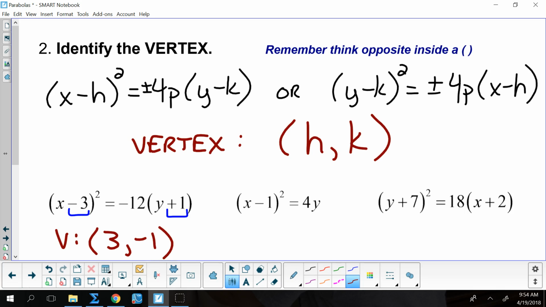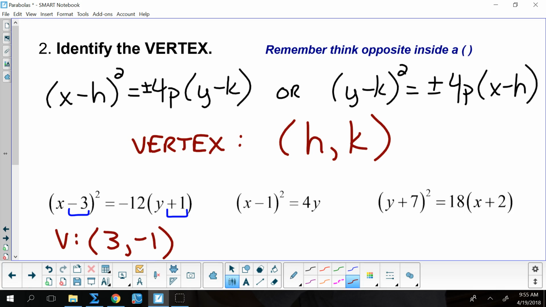This vertex point is my starting point. In this case, p is equal to 3. So this is a down parabola, so I would go down 3 to get my focus point, and up 3 to find my directrix line.